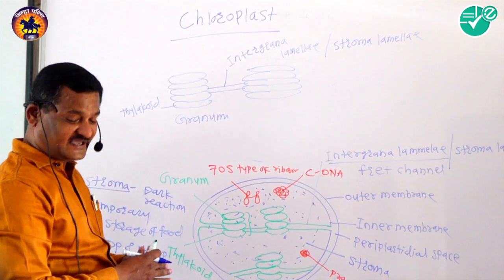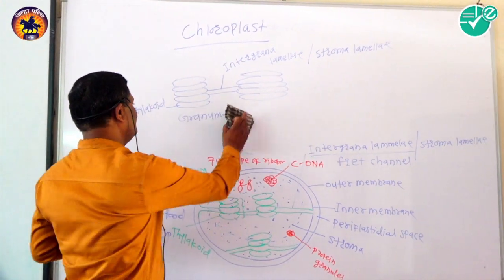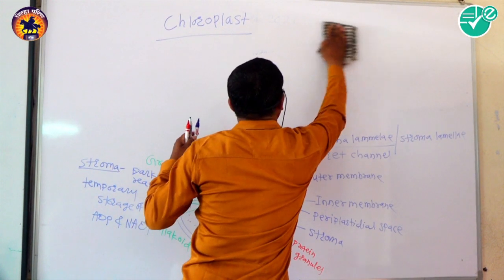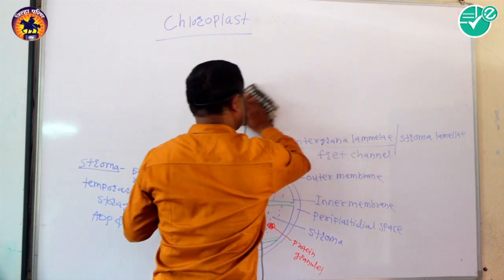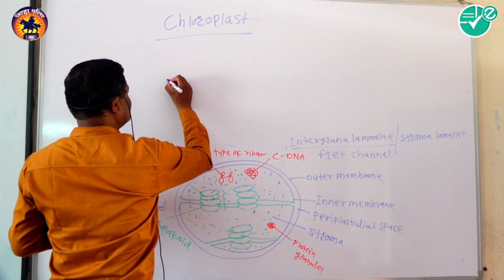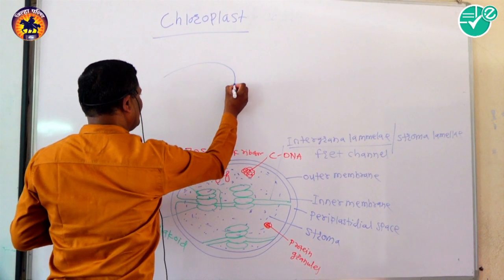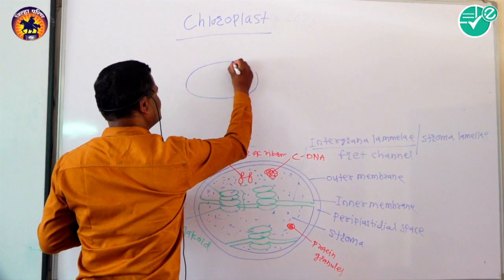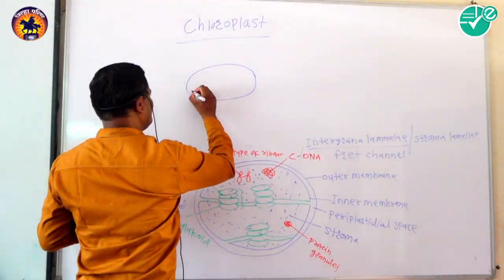Each flattened sac is called a thylakoid. What are thylakoids? Thylakoids are flattened, double membrane bounded, sac-like structures.